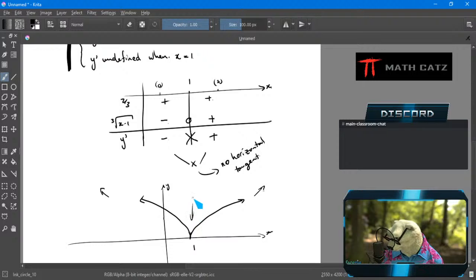Vertical tangent line. The more I see this, the better it'll get. I have a function value. It's defined there. The derivative is undefined. Has to be a vertical tangent line.